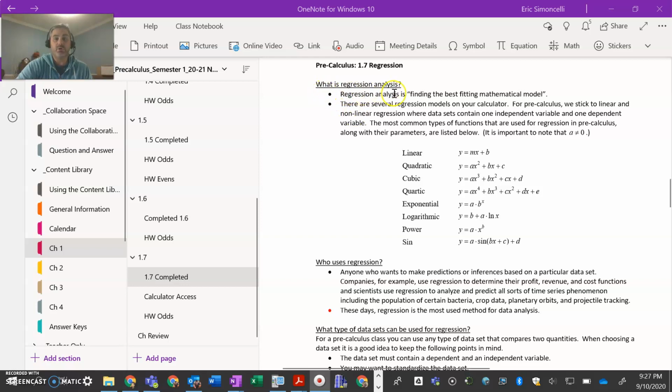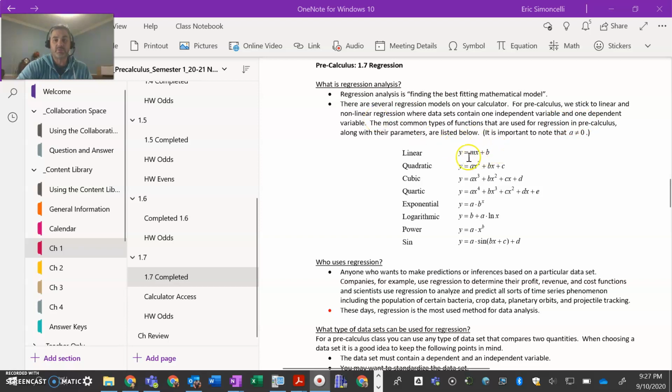First, what is a regression analysis? As I had mentioned earlier, finding the best fitting line or mathematical model. There are several regression models on your calculator. For pre-calc, we're going to stick to linear and nonlinear regression, where the data sets contain one independent variable and one dependent variable.